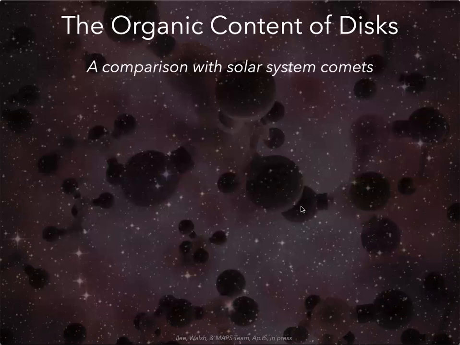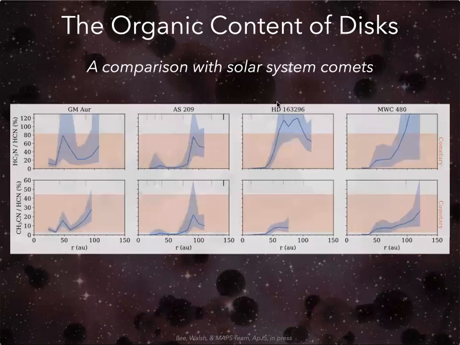So we can take our analysis one step further and do a comparison with solar system comets. In the 4 disks where we detect all the large organics, I show you here the ratio of HC3N with respect to HCN and the ratio of methyl cyanide with respect to HCN as a function of radius for our 4 sources. In the pinky orangey color, you can see the cometary range that we've measured within the cometary record.